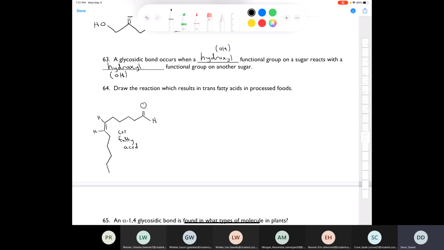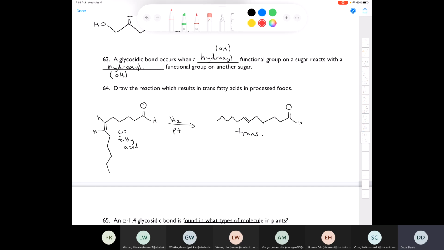But sometimes when you try to hydrogenate these, instead of undergoing hydrogenation, they'll undergo isomerization. And you go from the cis to the trans, like that. So you just end up doing an isomerization instead of a hydrogenation.